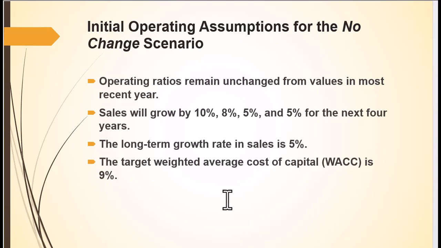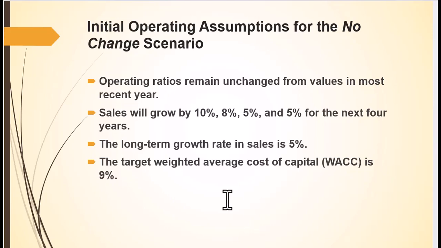If we look at the initial operating assumptions, there's no change in this scenario. Let's say the operating ratios remain unchanged. Sales is going to grow in the future by 10%, 8%, 5%, and then 5% for the next 4 years.